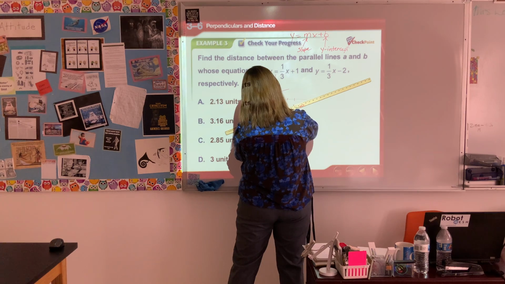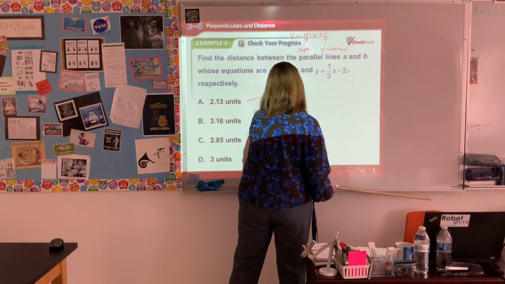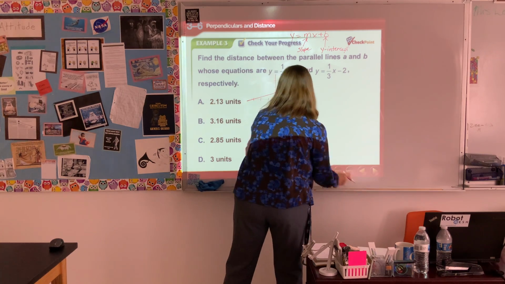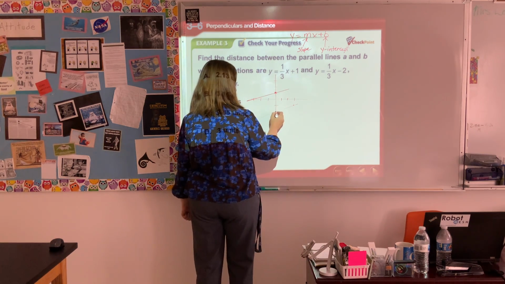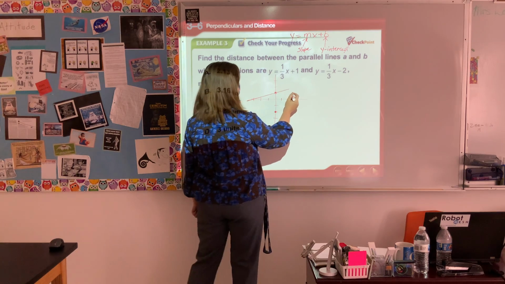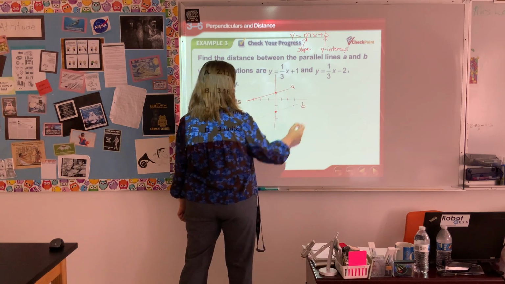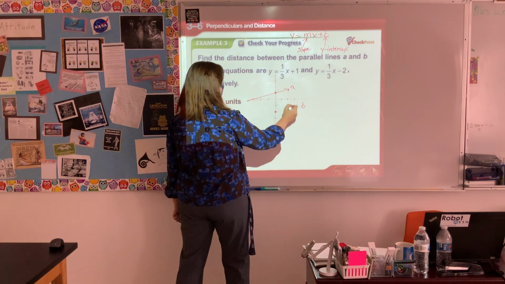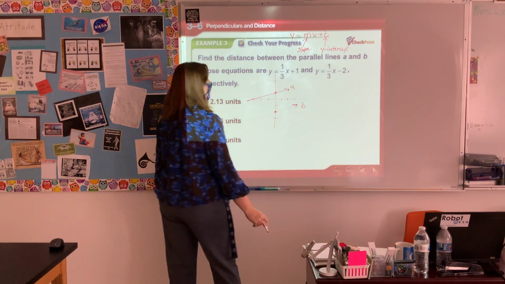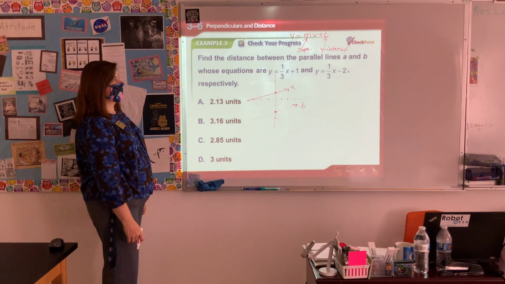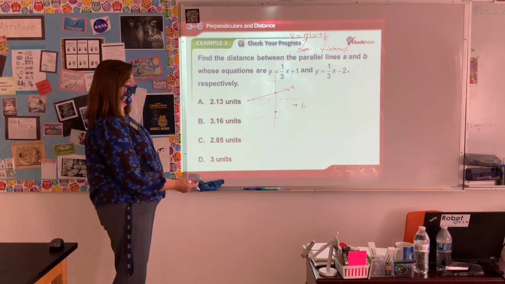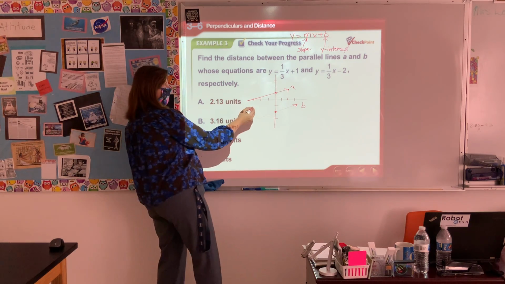I like graphing because it gives me a visual picture of something that I couldn't see normally. Okay, so we have these 2 lines. This is line A, this is line B. They are parallel to one another. Okay, so we need to figure out something that is perpendicular.